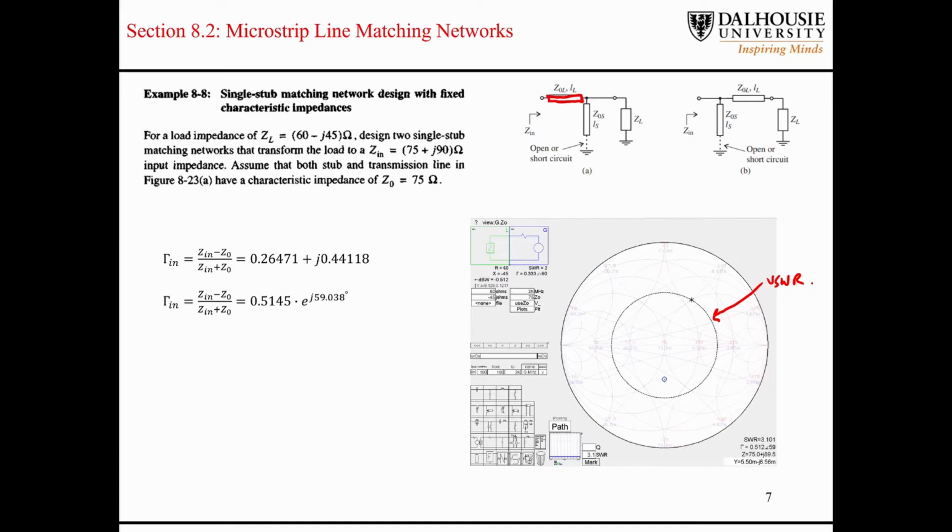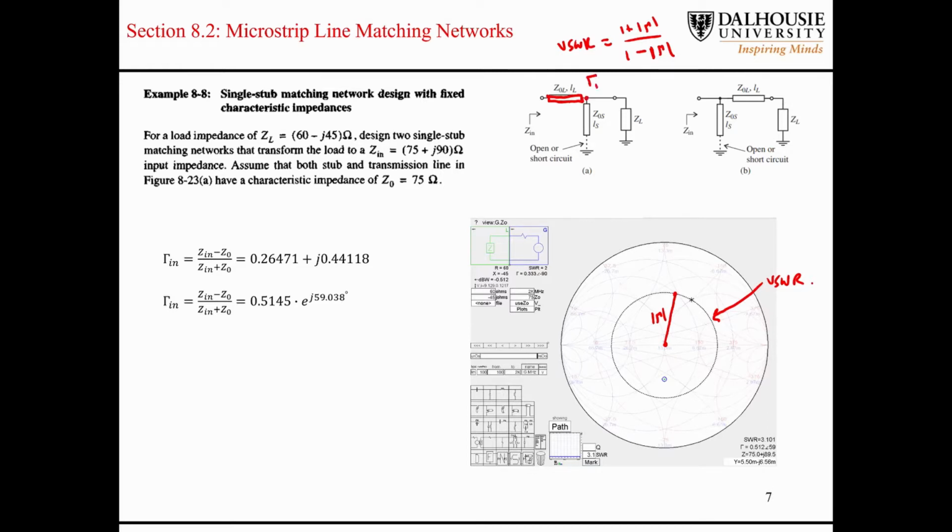If you recall, the VSWR is related to the reflection coefficient, and it's equal to 1 plus the magnitude of the reflection coefficient divided by 1 minus the magnitude of the reflection coefficient. The distance from the center of the Smith chart to the VSWR circle is the magnitude of the reflection coefficient. Like I said, there's this intermediate point.